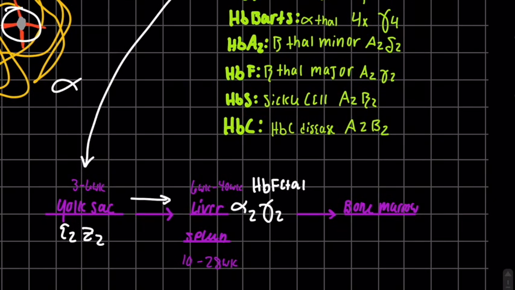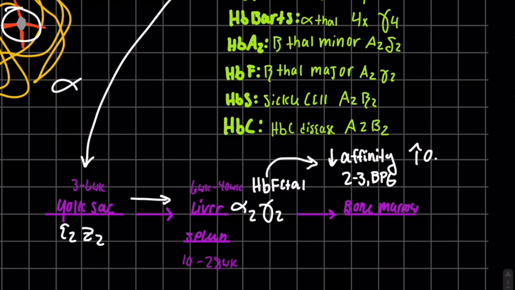It's clinically relevant in a couple of different diseases, but the important part is that it has a decreased affinity for a molecule called 2,3-BPG. That's 2,3-bisphosphoglycerate or 2,3-diphosphoglycerate; you may see it either way. The important part about that is that this gives the hemoglobin alpha 2 gamma 2 a much higher affinity for oxygen.